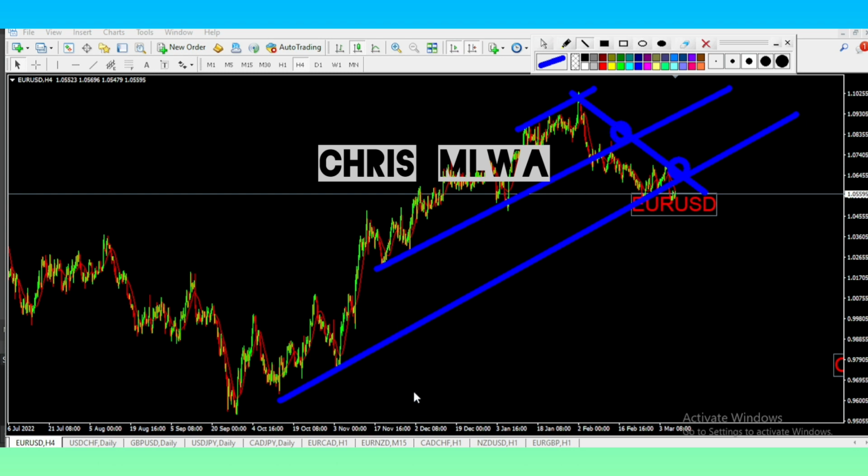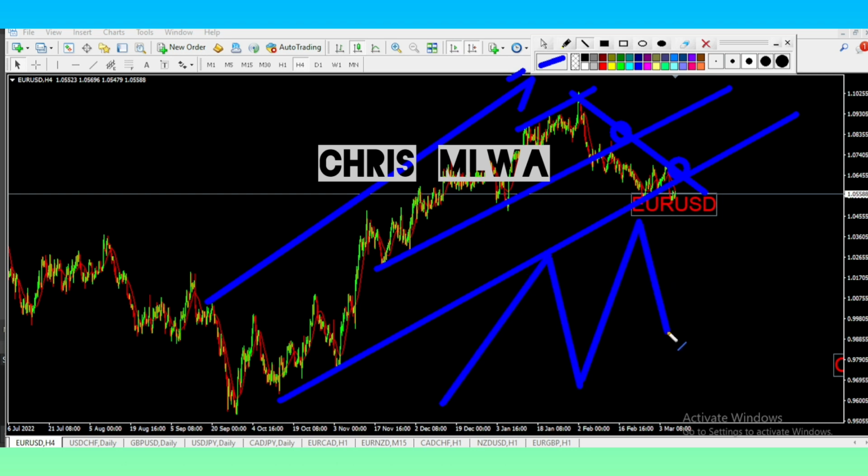We cannot expect this market to move in a straight line like the ones I am drawing. It must move, correct, move, correct, and that is how the market moves. You can see the corrections up here. This is a huge correction according to what we can see.